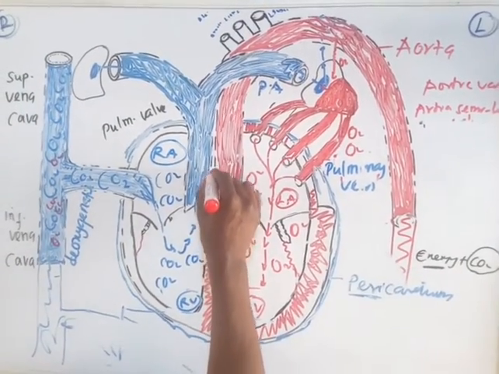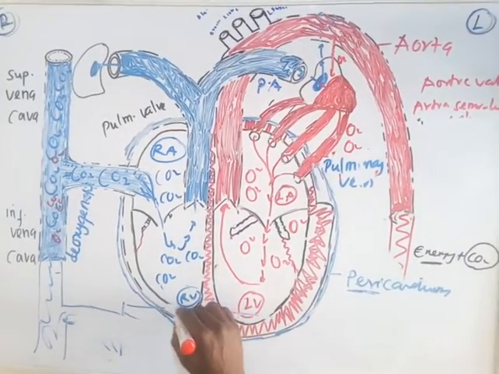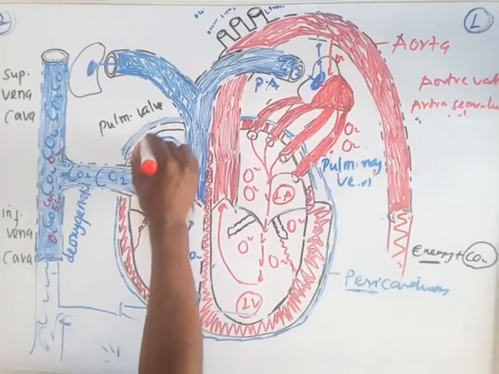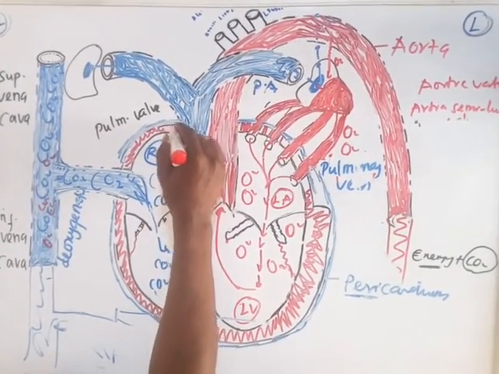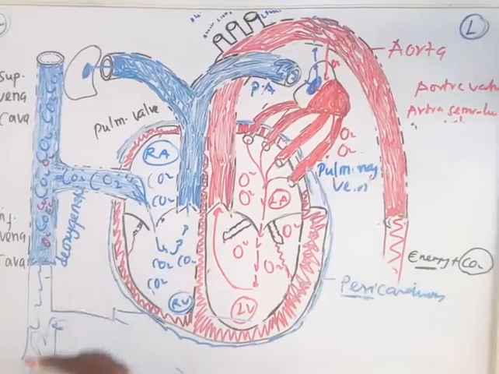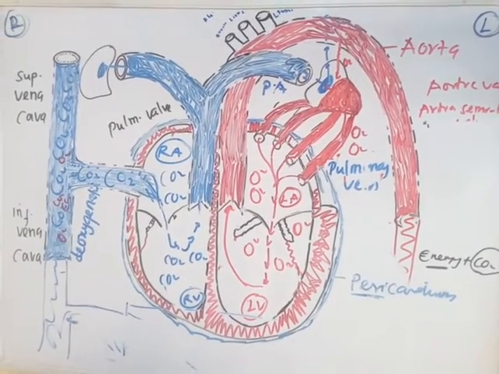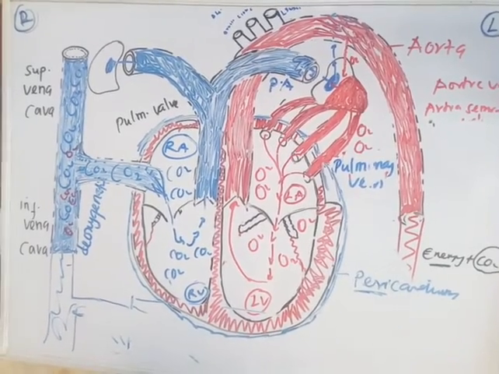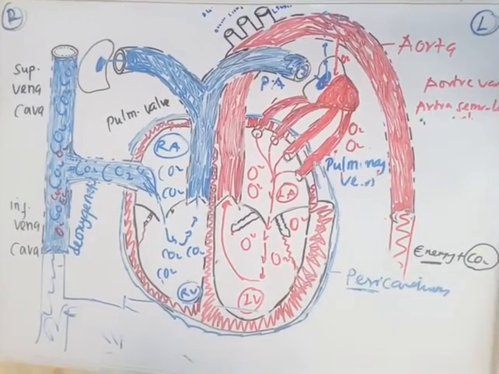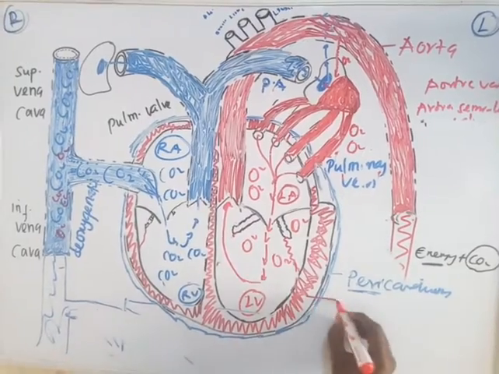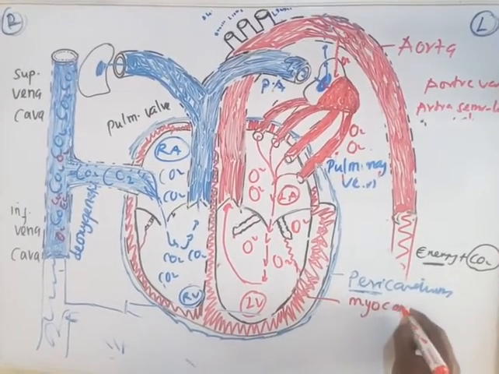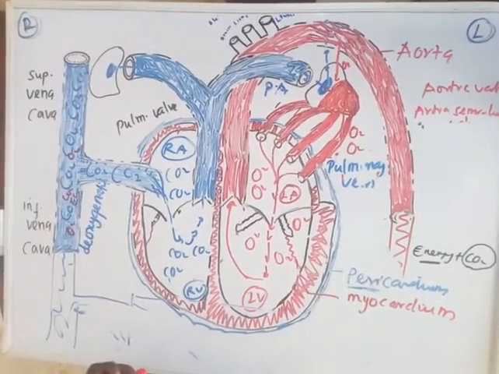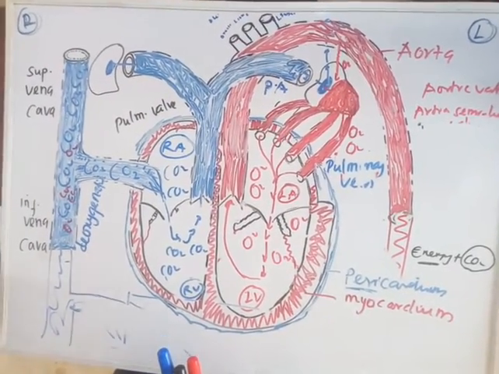This layer is a striated muscle that allows the heart to contract in the most optimum way. This is referred to as the myocardium. Myo means muscle, so muscle of the heart.